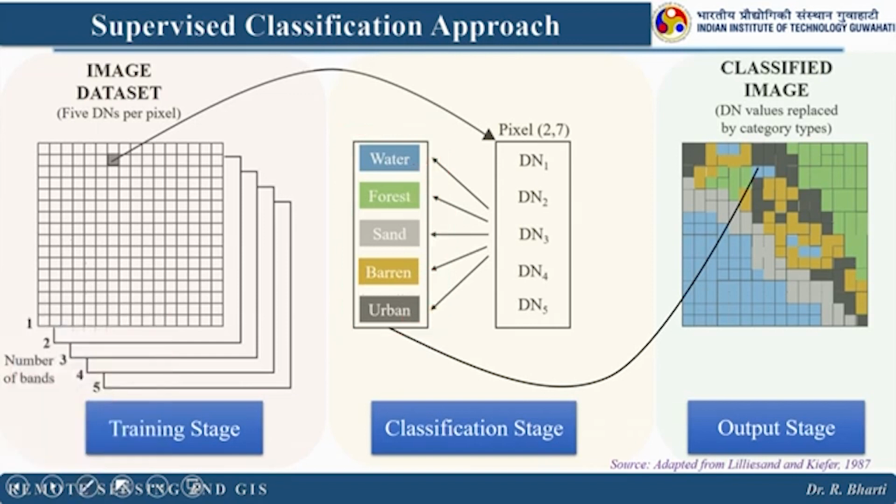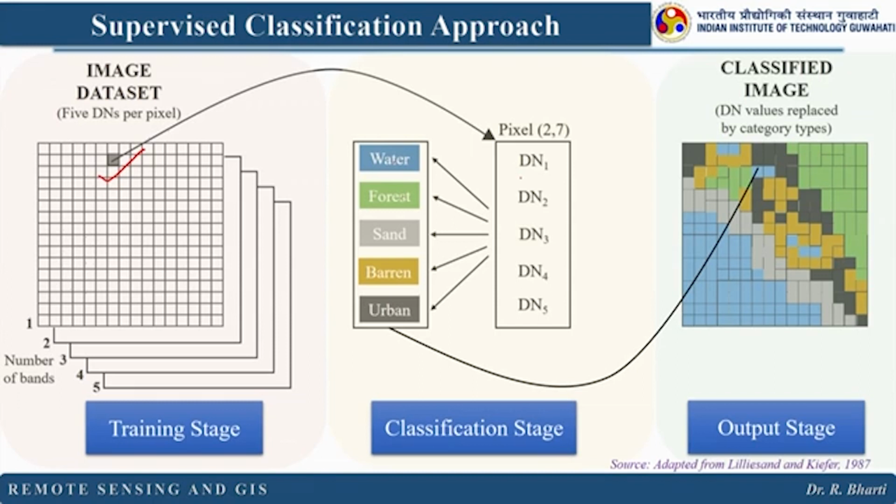We will find out the pixels belonging to water area and check the DN value of this particular pixel, whether they have any similarity or not, right. So how we will do? We will see that methods in detail, but this is to understand basics of supervised classification.